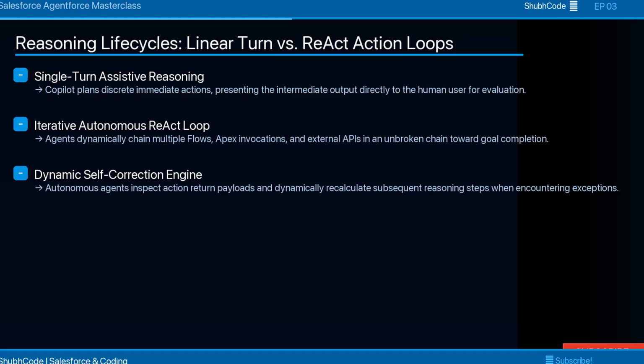If an API call fails during an autonomous agent session, the engine can autonomously invoke a secondary fallback flow or verify alternate inventory without halting the session. This multi-turn cognitive resilience allows custom agents to conquer complex, nonlinear business workflows that would completely stall standard interactive copilots.